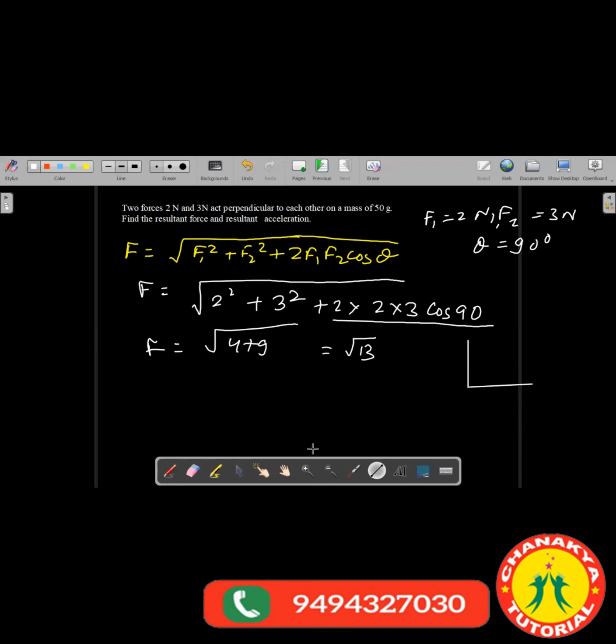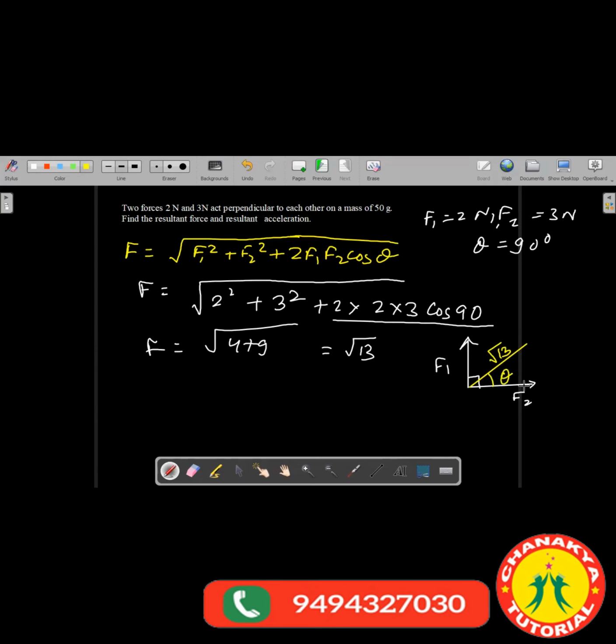Here you have the two forces, F1 and F2, acting perpendicular to each other, and the resultant would be represented by the diagonal. So this is your under root 13 we have got. Now we want to find out the direction in which this force is acting.